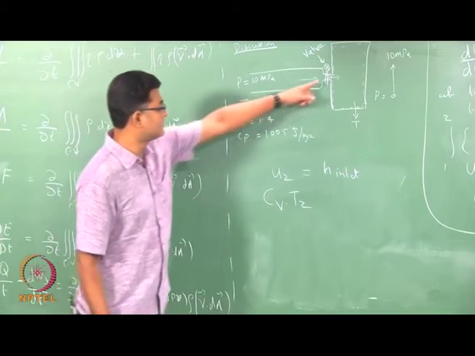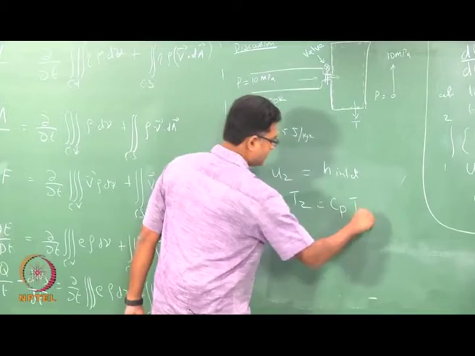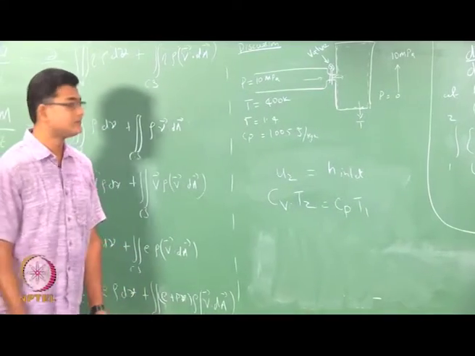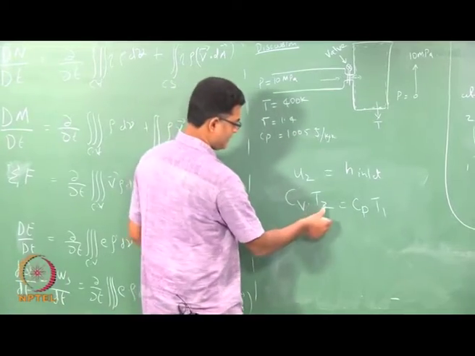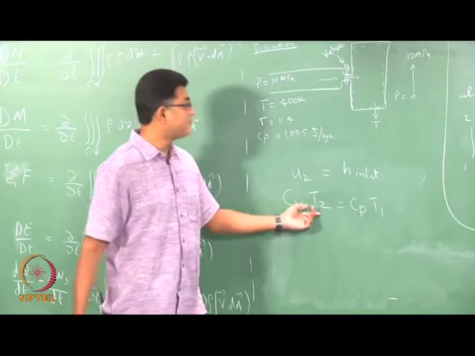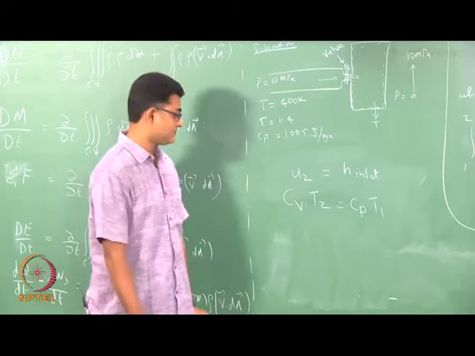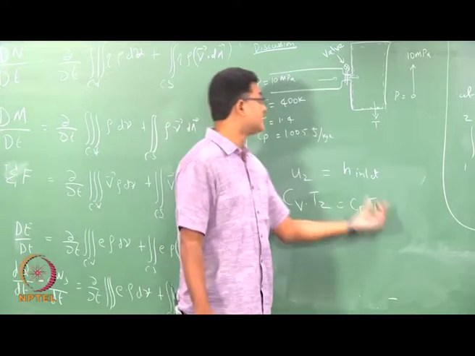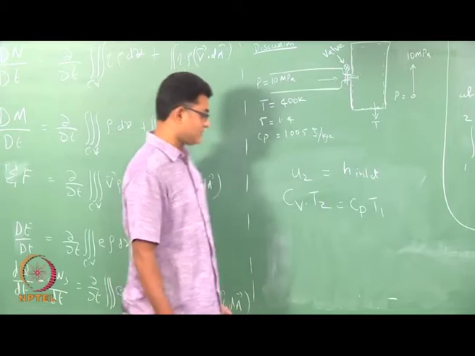H inlet is Cp T1, or Cp times the temperature at which the fluid is crossing the control surface.